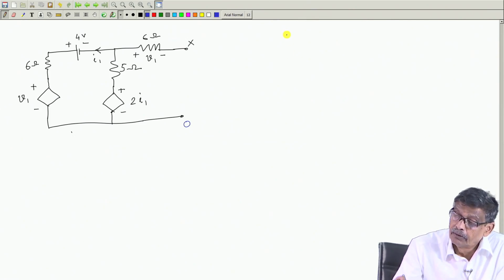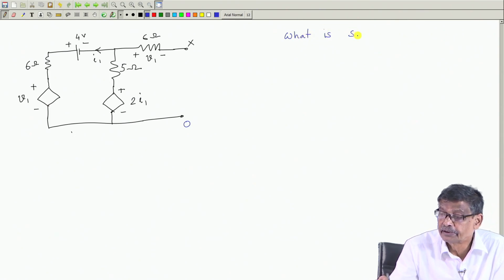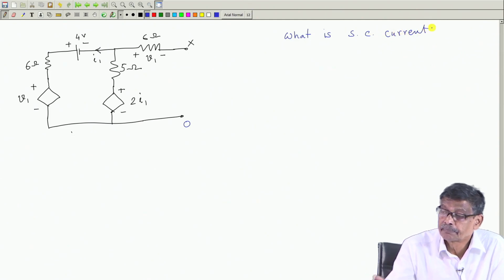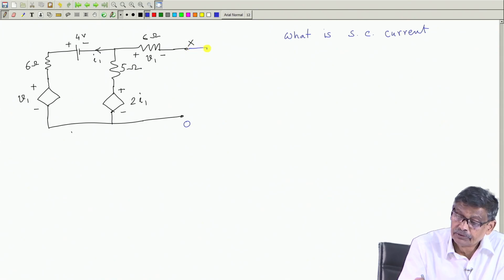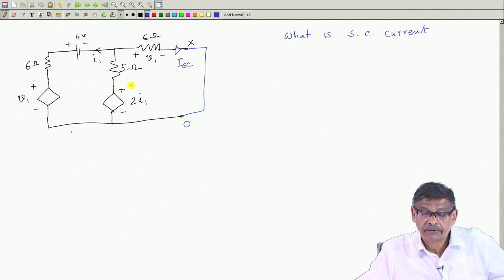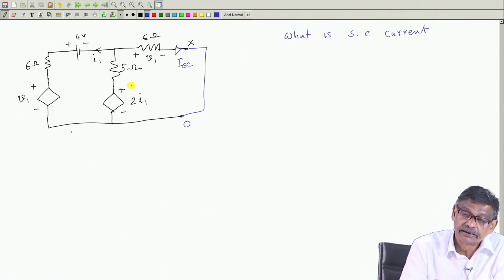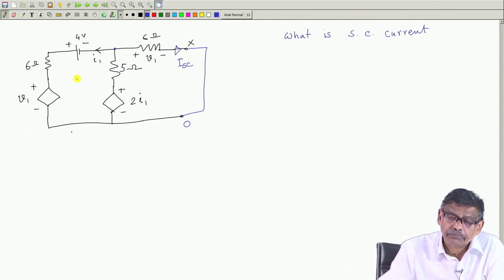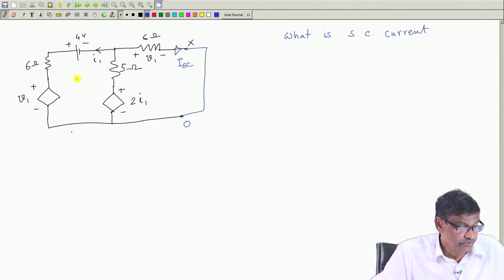Ask you what is short circuit current when X and O are short circuited. This current is how much? I want to find out. Got the point? This is the short circuit current I want to find out for the same network, and this is the complete network. So, I have to solve this network and get the value of the short circuit current.